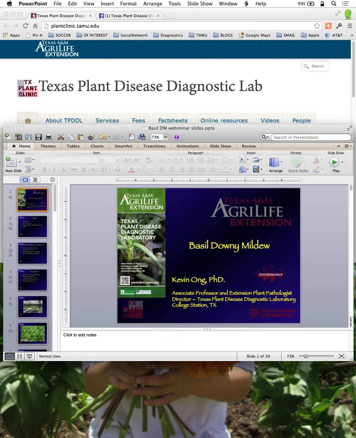As far as I know, there is nothing that's coming out of Texas. Although I believe a couple of those products that had an emergency Section 18 are available to Texas, but I'm not entirely sure. Yeah, Ranman should be. Revus is supposed to be registered very soon.